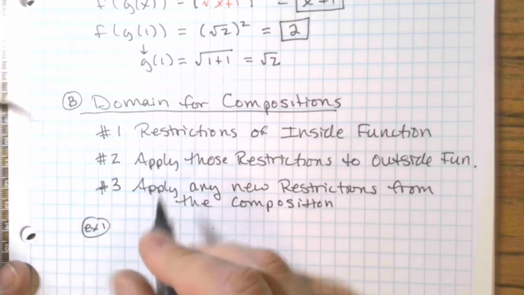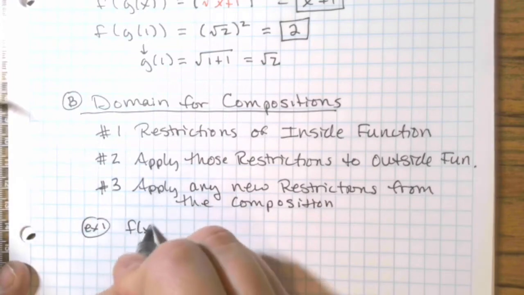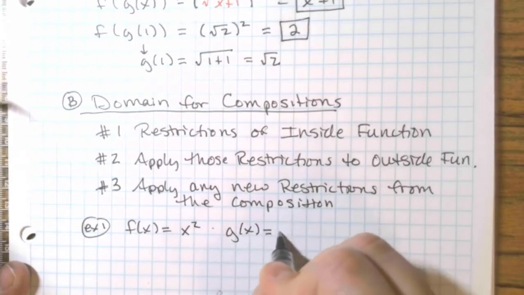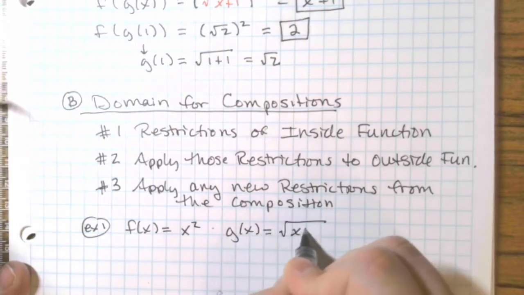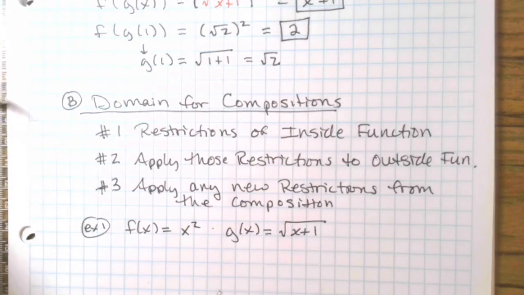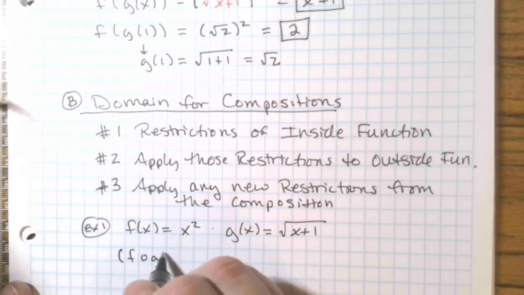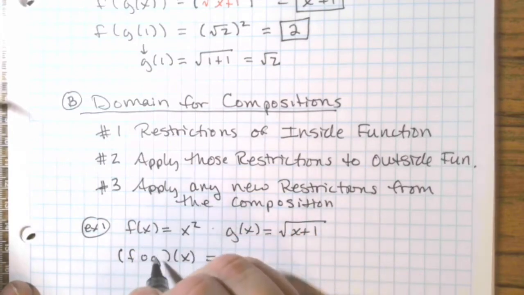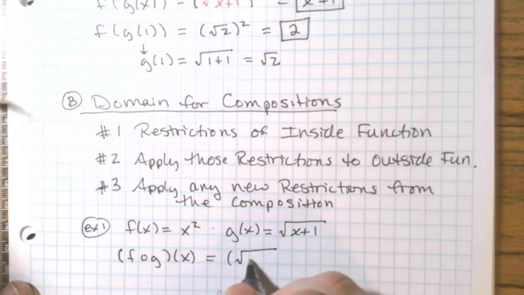Example 1. Let's say that f of x equals x squared, g of x equals the square root of x plus 1. We'll just use the same functions. Okay, so we are going to do f of g of x. So g will be substituted into f, so that gives us the square root of x plus 1, squared, which is x plus 1.